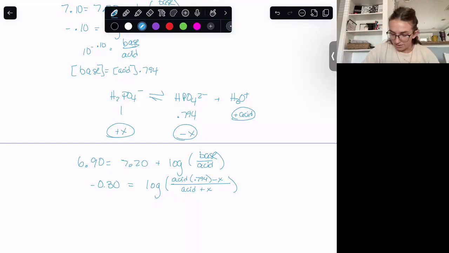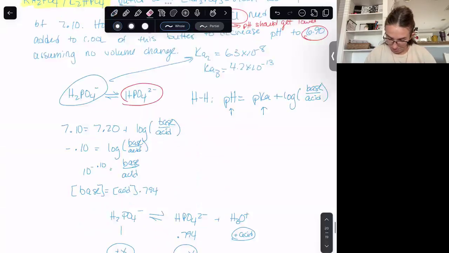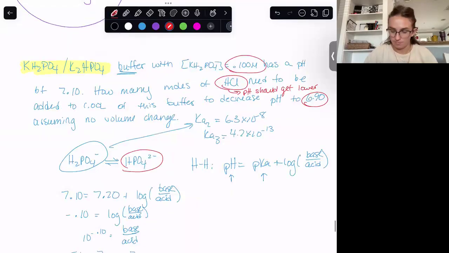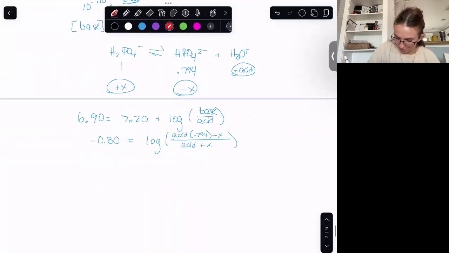Your acid, we said from our question, was 0.1 molar.